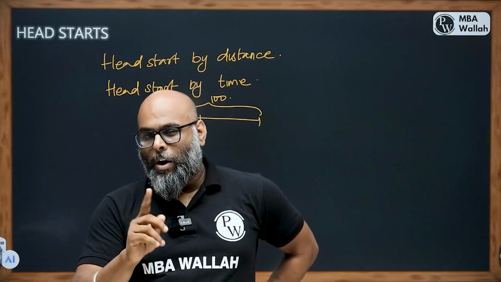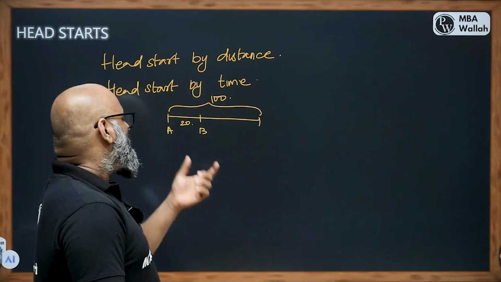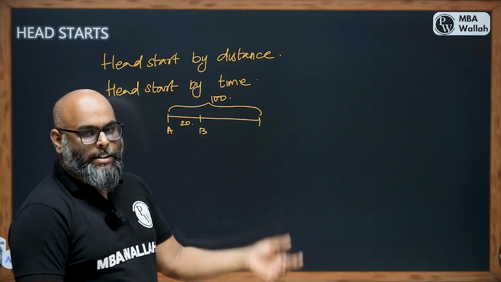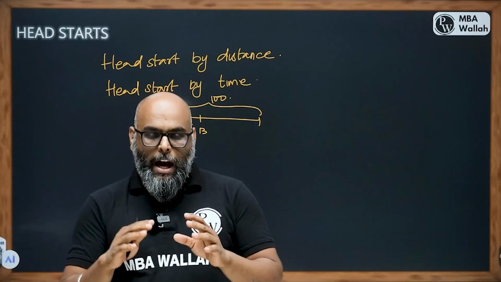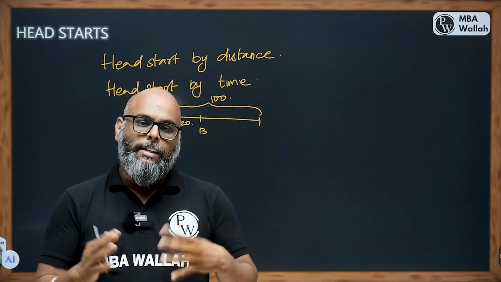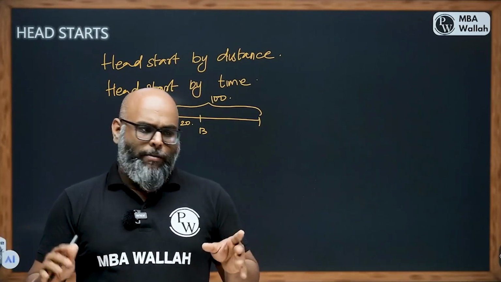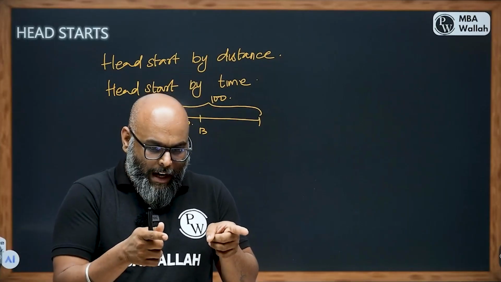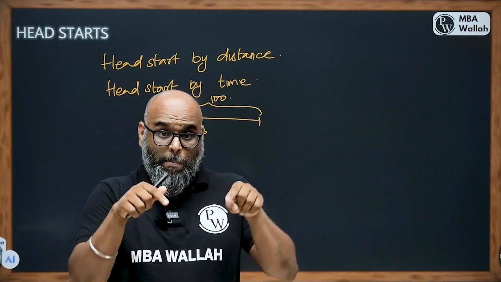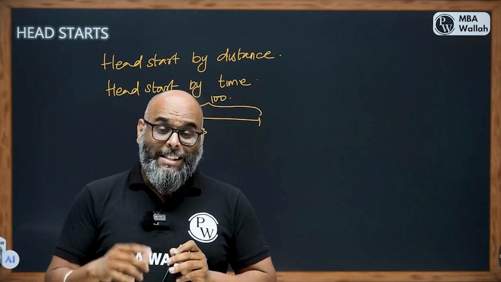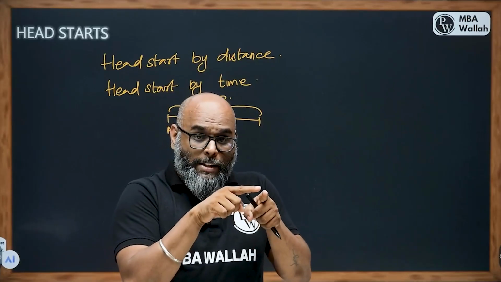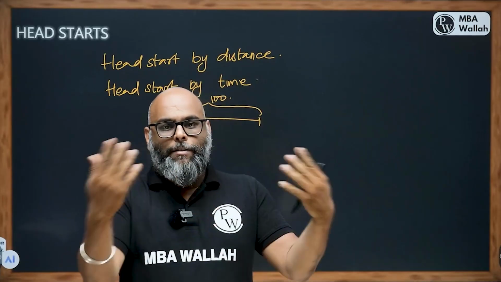Now the one important thing that we need to remember is, when someone is getting a head start by distance, the standard understanding is that they both start at the same time. A and B will start at the same time but at different points. When it is head start by time, A and B will start from the same point but at different times.